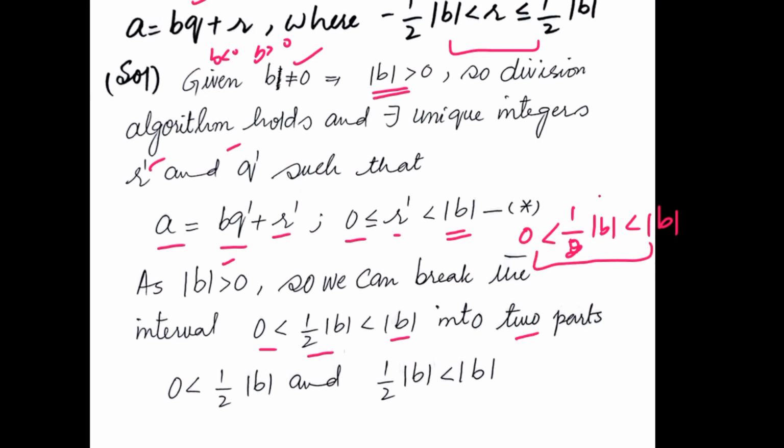I can break this interval into two parts. In the first part I can write 0 less than half |b|, and in the second I can write half |b| less than |b|. Now two cases are possible. Either our remainder r dash is greater than half of |b|, or it is possible that r dash is less than half |b|.